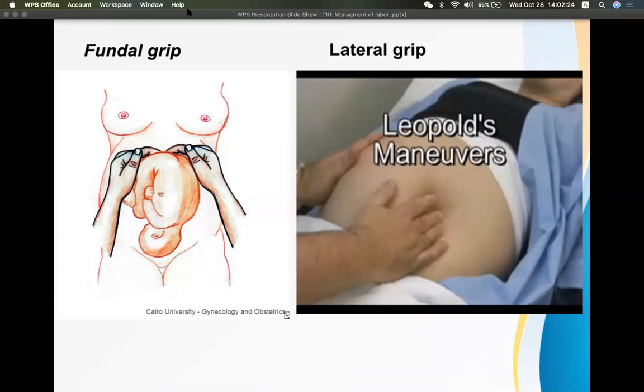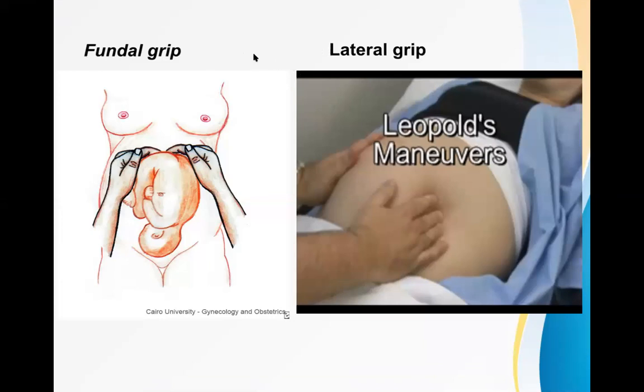Now these are the different types of grip. We have talked about this before. If you remember, these are called Leopold's maneuver. The lateral grip, the fundal grip, the pelvic grip. There are different types. So see here, this is the fundal grip. We try to find out what part of the baby is present near the fundus.